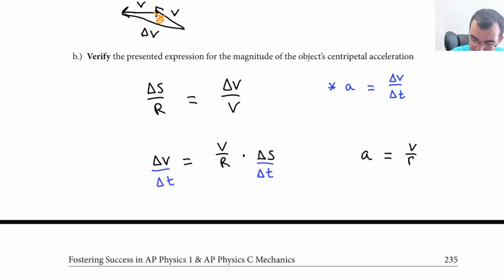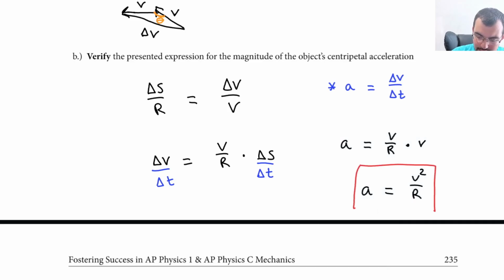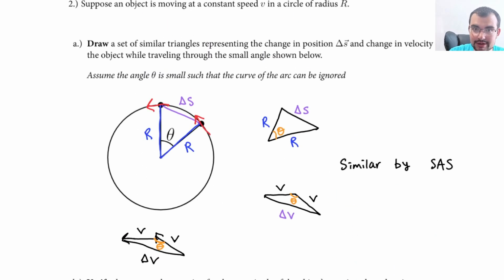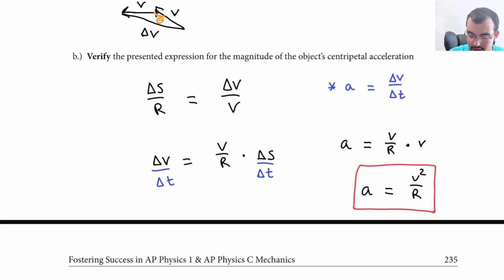We get v over r, and then we have position divided by time, which is, of course, speed or velocity. So acceleration is v squared over r. Exactly the result we wanted to derive. That was kind of theoretical, but at least we've proven this result. We have proven that acceleration in a uniform circle is v squared over r.